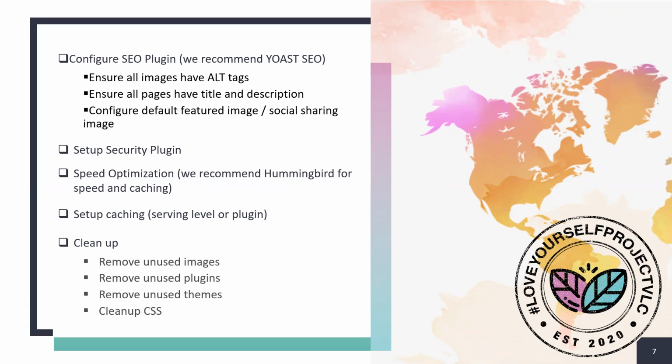And next is make sure that you've done your cleanup, which is removing unused images, unused plugins, and unused themes. So for the themes, you would have to keep active, obviously, your child theme, the parent theme, and probably the latest version of WordPress as well. And you've cleaned up all your CSS.